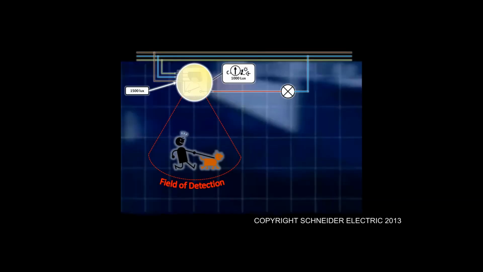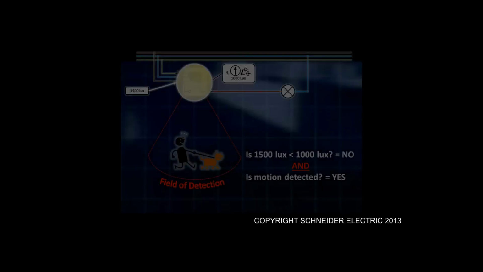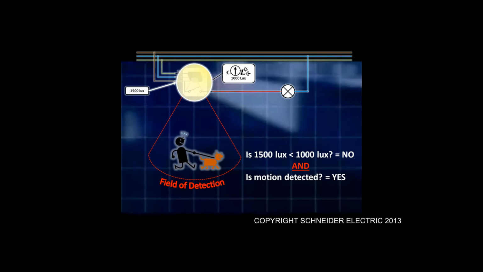If we look at that same logic, is the ambient light less than 1000 lux? In this case it's actually greater, so we say no. And is motion being detected? Yes. In this case, what happens is nothing. The sensor has detected that there is sufficient light within that area and it's not going to turn on that light. So the light remains off.